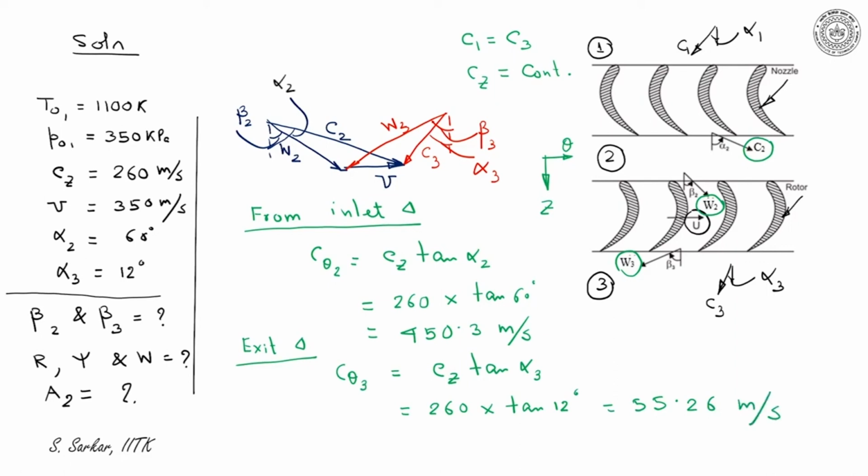Thus, here I have drawn the velocity triangle, and from the inlet velocity triangle I have evaluated C theta 2, and from the exit velocity triangle I have evaluated C theta 3.